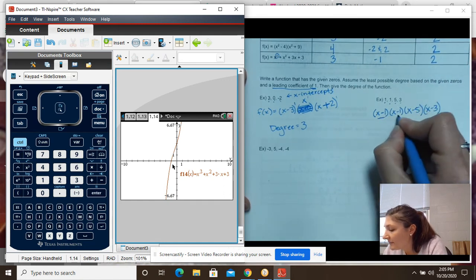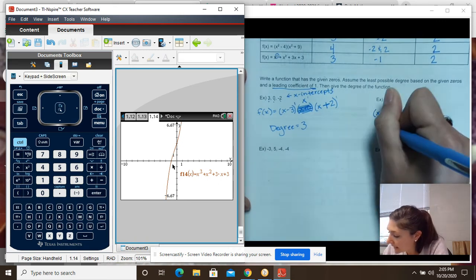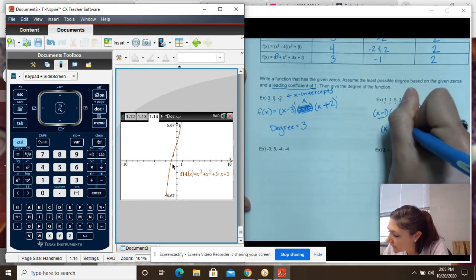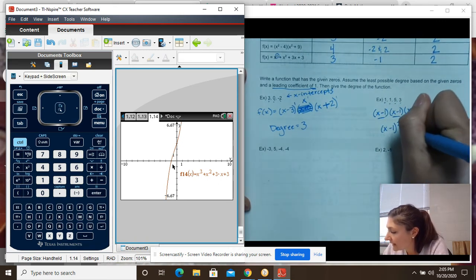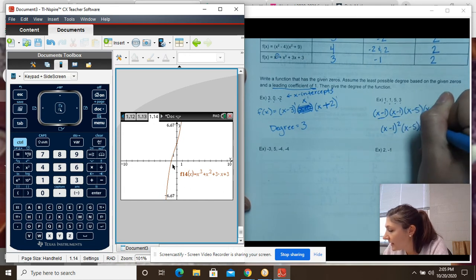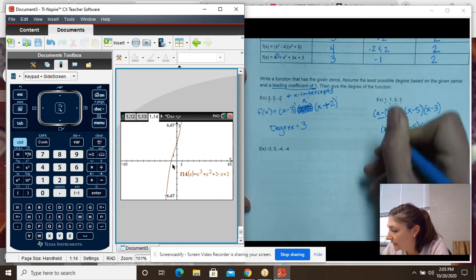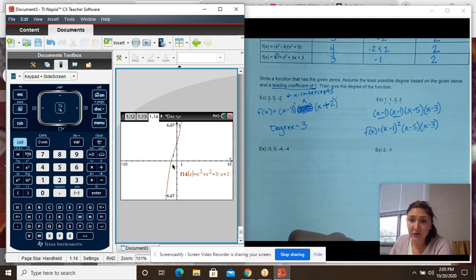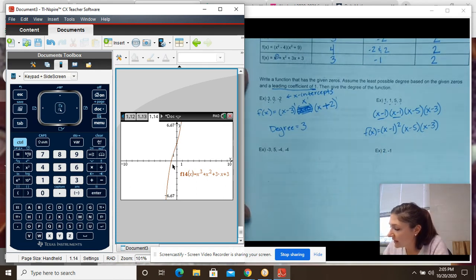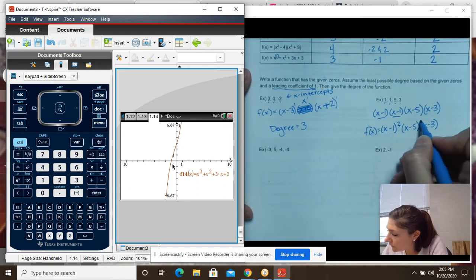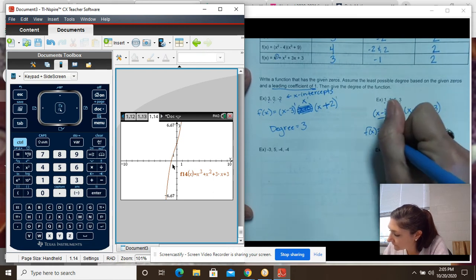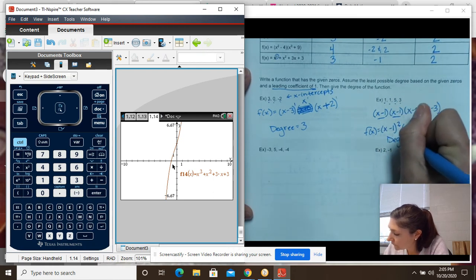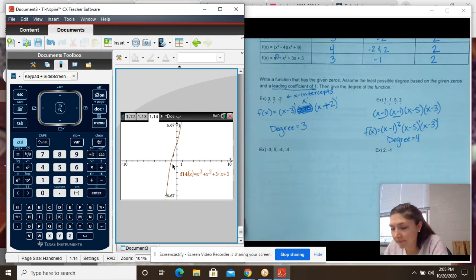Since I have the same factor listed twice, I can actually just write that as x minus 1 squared, and then x minus 5 and x minus 3. So there's my function. And again, I'm just leaving this in factored form. It doesn't say it has to be in standard, so I'm going to leave it in factored form. There's my function, and its degree would be 2, 3, 4. Okay, degree of 4 there.